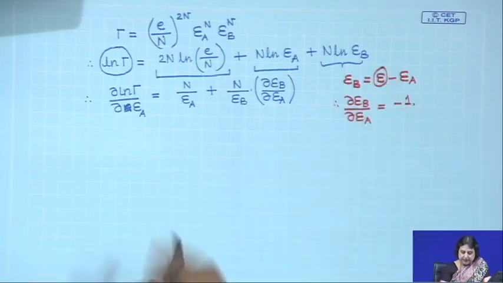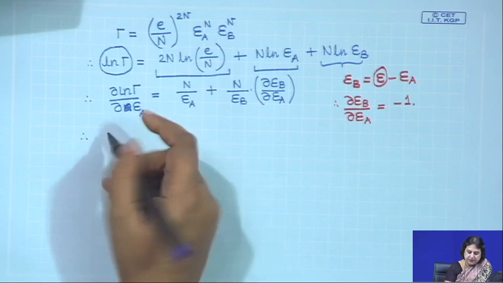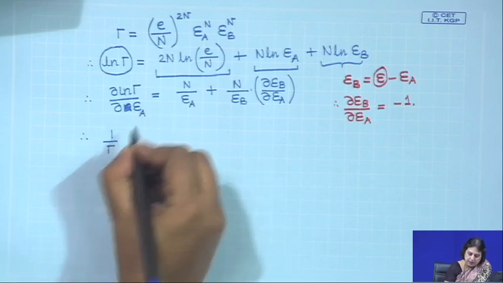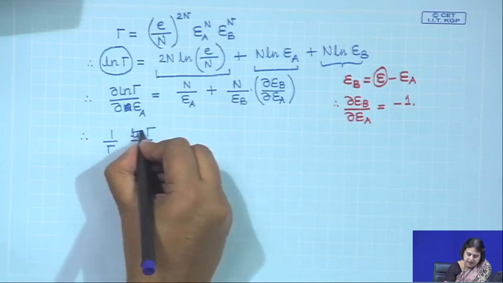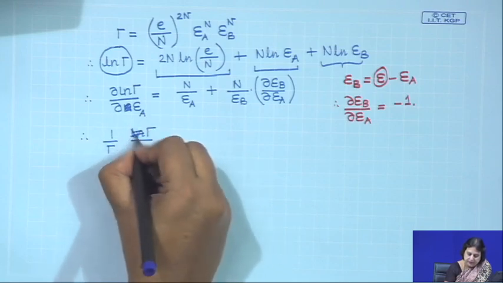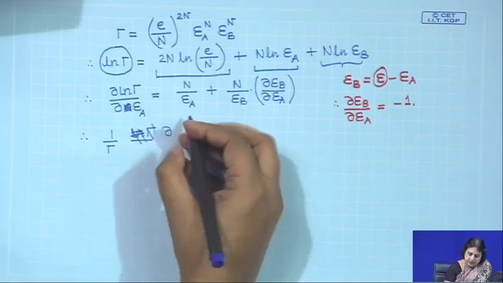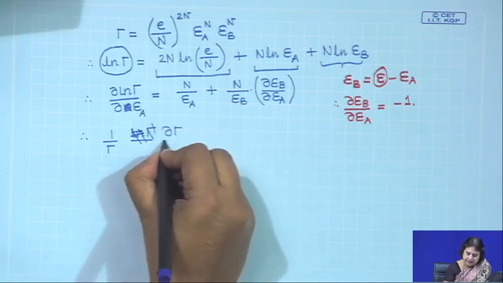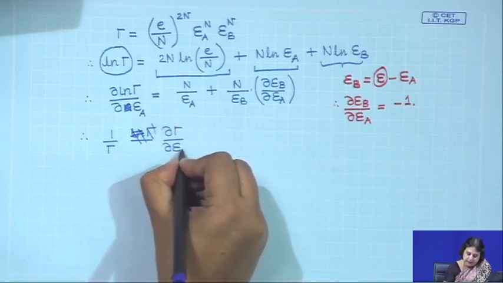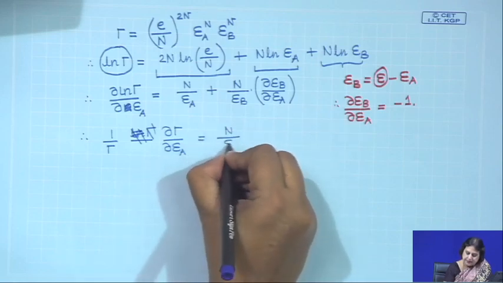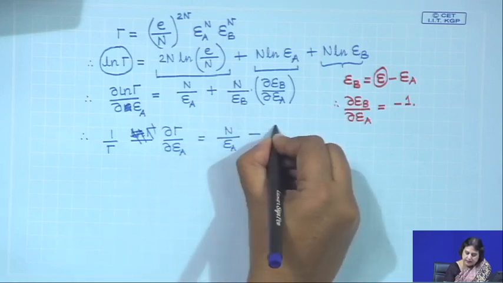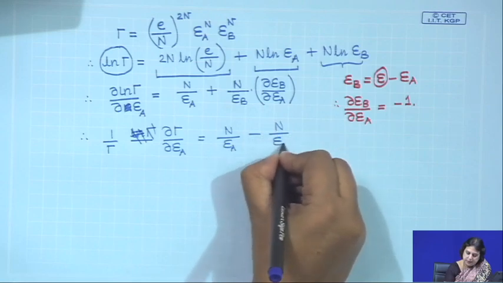Therefore, using this, I can now simplify my expression as 1 by gamma del gamma by del epsilon a, that is given by N by epsilon a minus N by epsilon b.